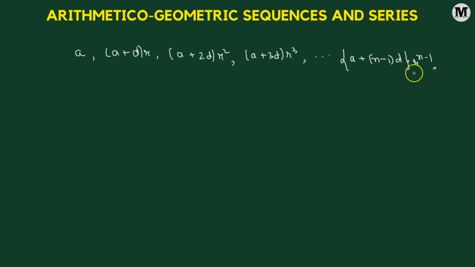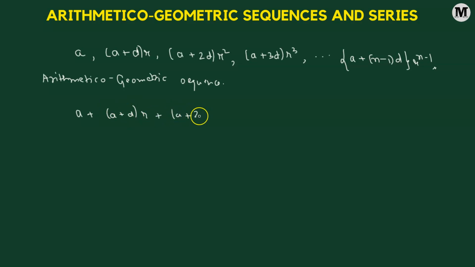Let's consider a finite sequence for this. What we have obtained here is an arithmetico-geometric sequence. And if we take the sum of each of the terms, that means we have a added to a plus d times r, added to a plus 2d times r squared, added to a plus 3d times r cubed.